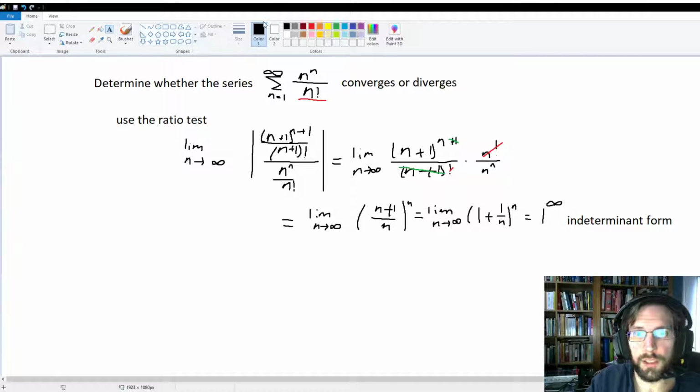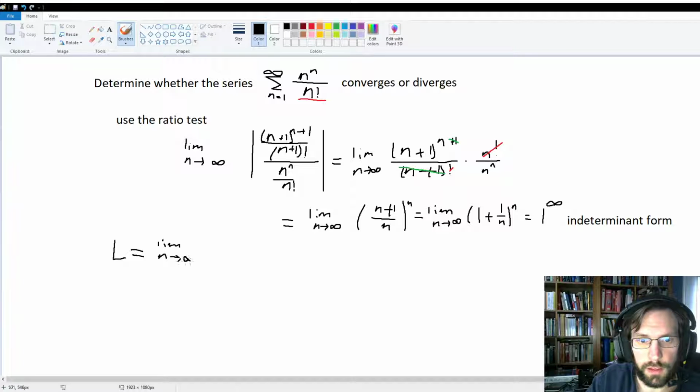With this indeterminate form, here's how we can evaluate this. The trick that you should have learned in Calc 1 is to take the limit of the natural log instead. So L is the limit as n goes to infinity of the natural log of (1 plus 1 over n) to the nth power.